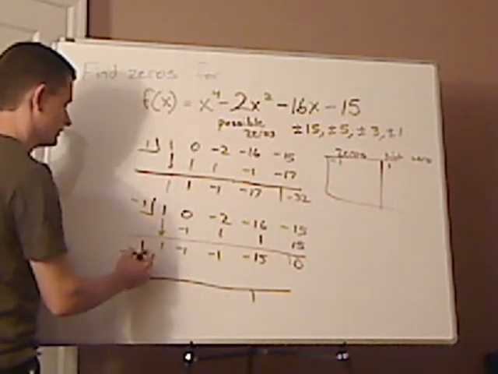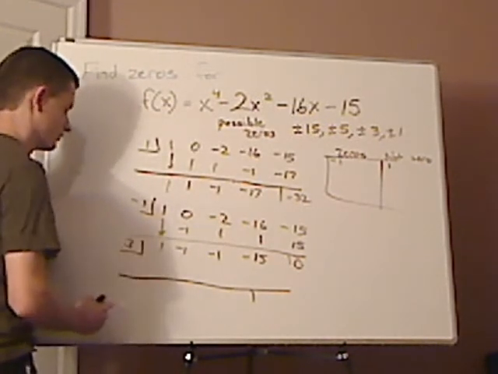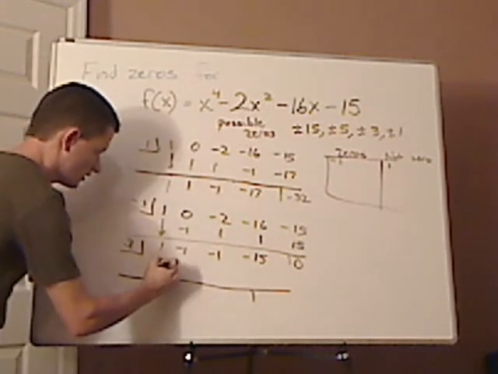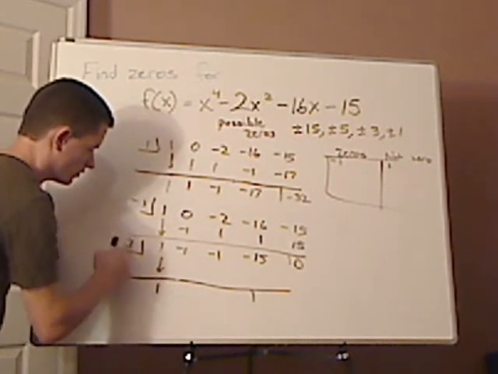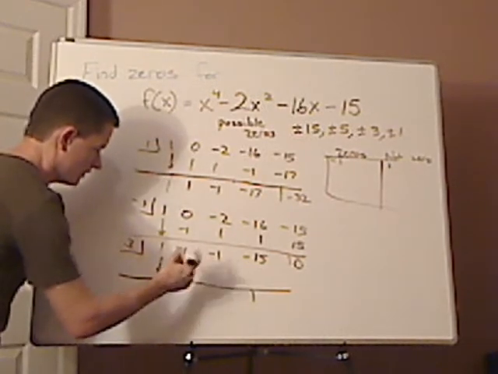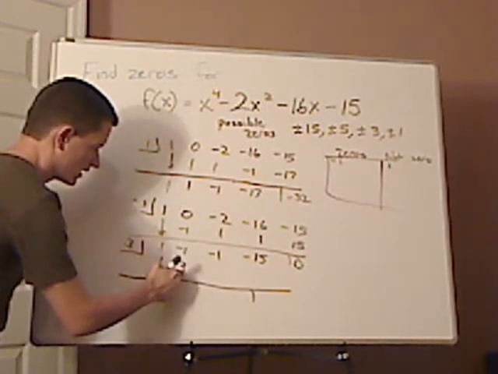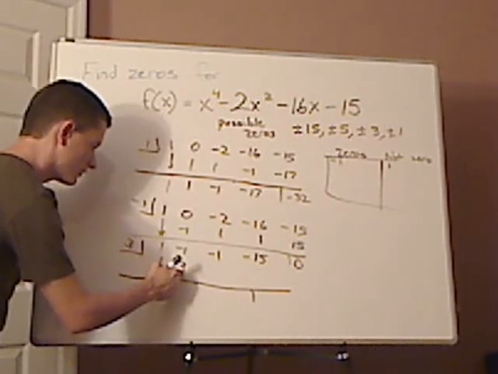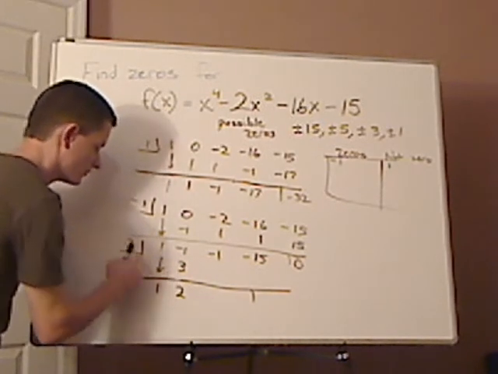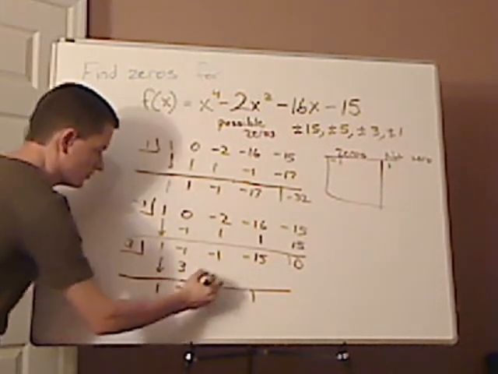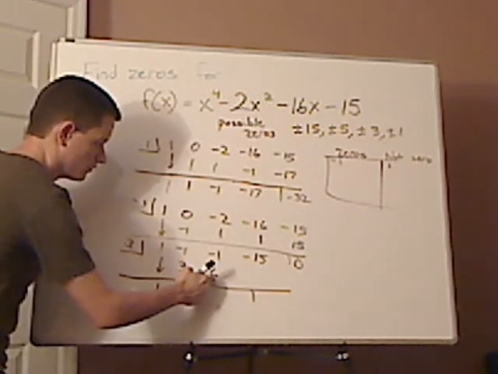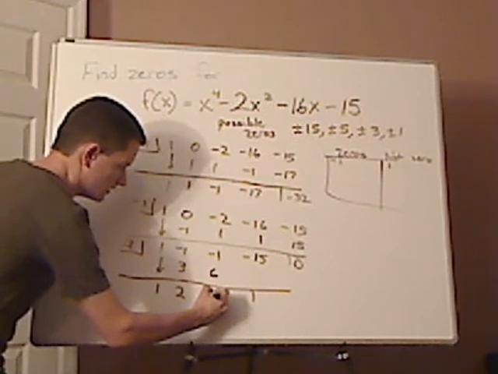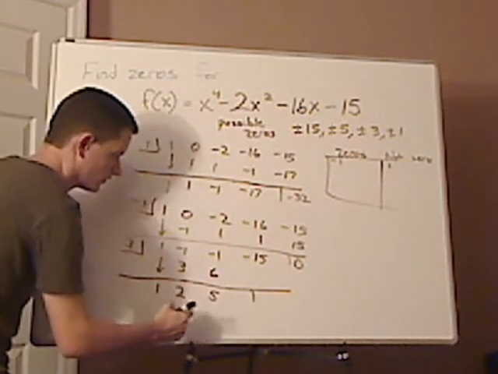Let me try positive 3. See if positive 3 works. Bring down the 1. So 3 times 1 is 3. Negative 1 plus 3 is positive 2. 3 times 2 is 6. Negative 1 plus 6 is 5.